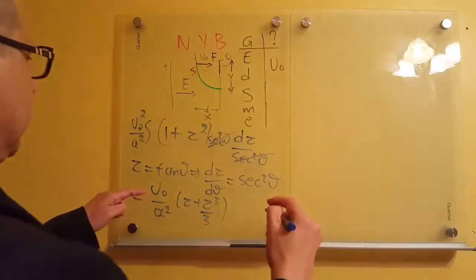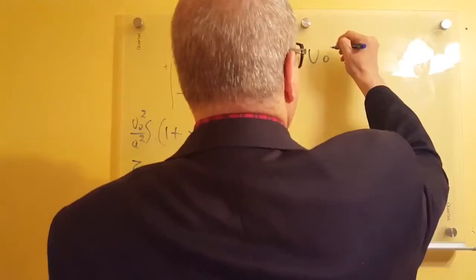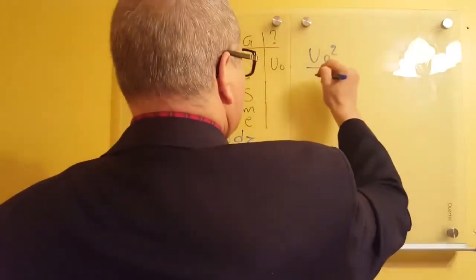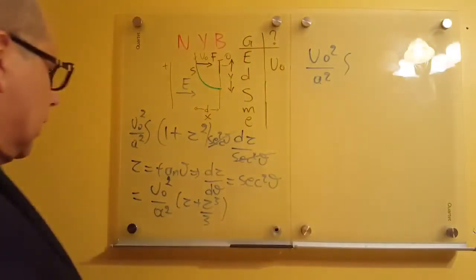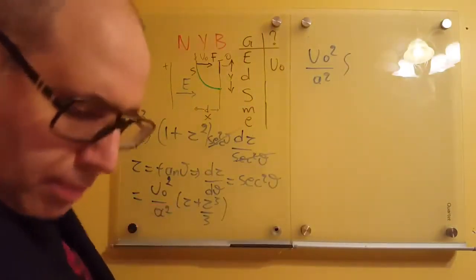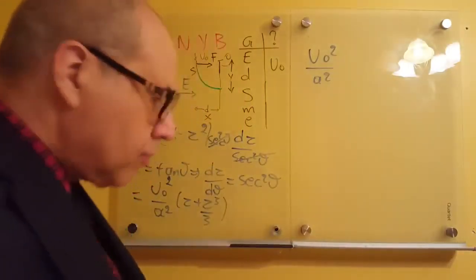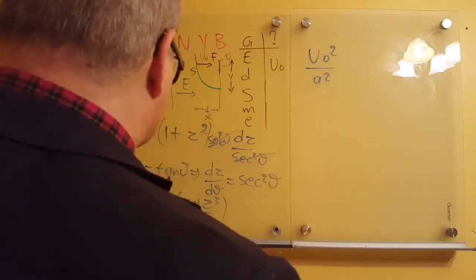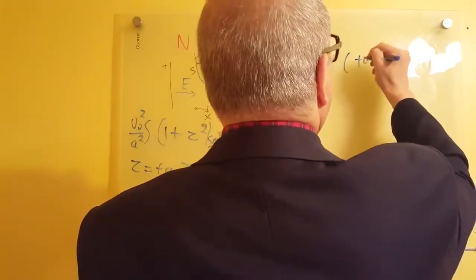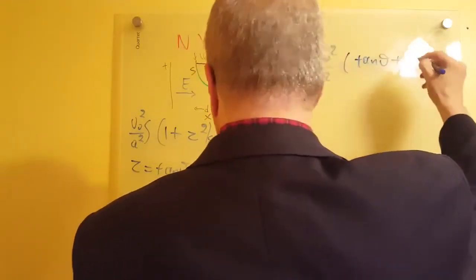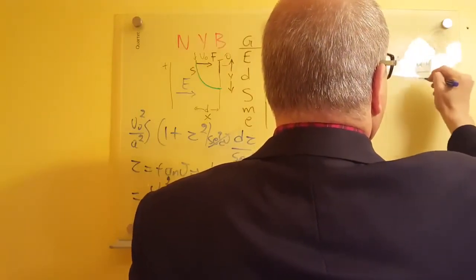So it will be v0 square over a square, and here we will have tan theta plus tan theta to the third over 3.